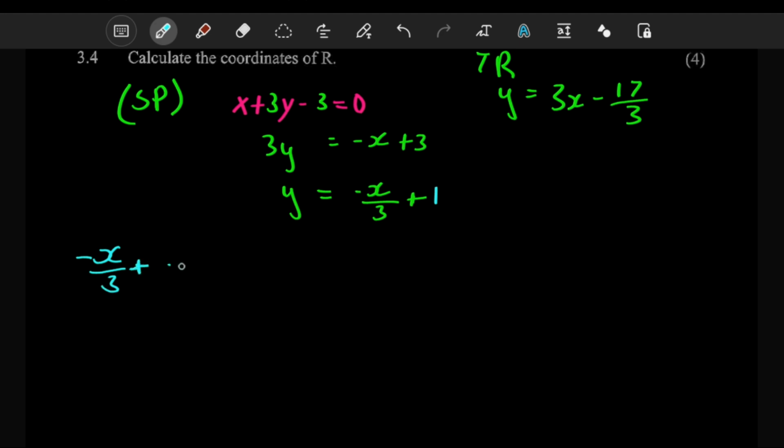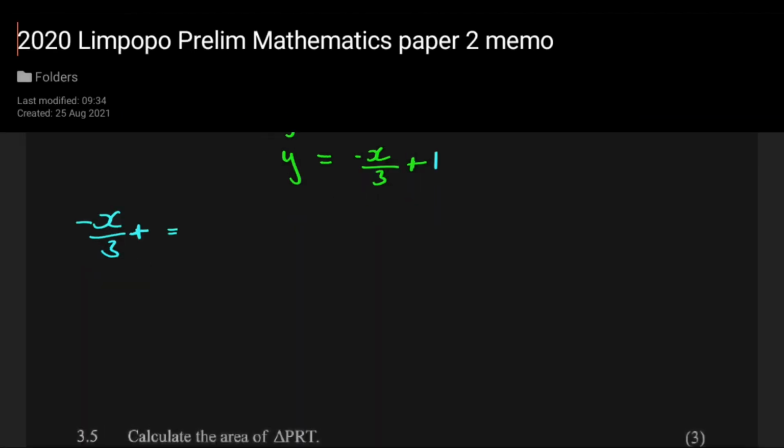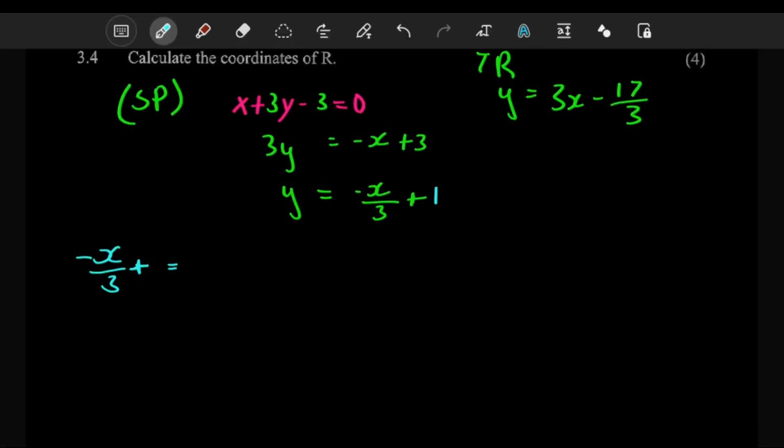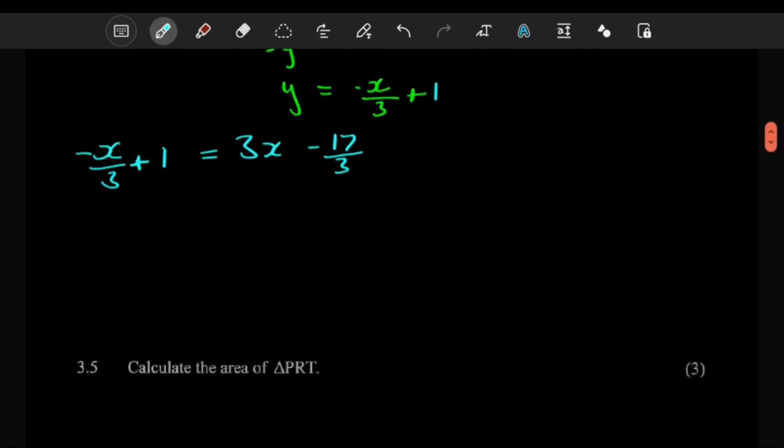So this thing here is equal to 3x minus 17 over 3. With this kind of equation, you don't have to do exactly what I'm going to do now, but I'm going to take the ones with 3 as the denominator on one side, so that I can put 3 as one denominator.